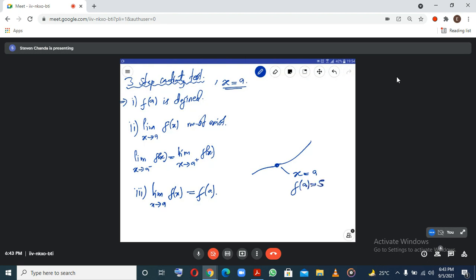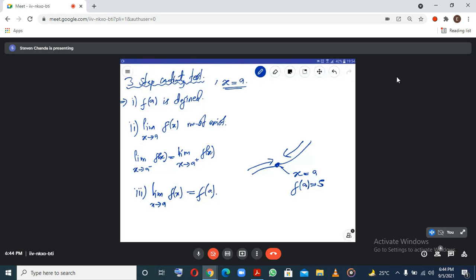Now if you are coming from the left and from the right, your limits are the same, 5, like we found. Then also your f of a is 5. So it's saying that your limit as x approaches a is equal to f of a.